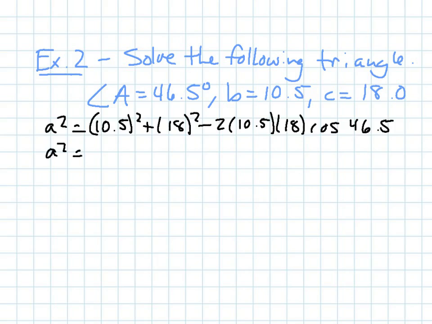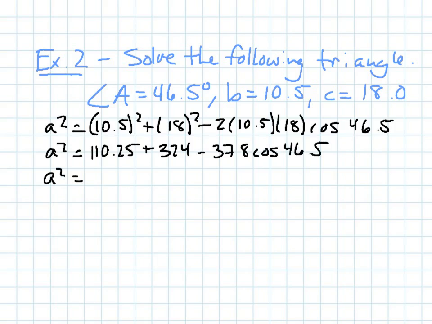So 10.5 squared is 110.25 plus 18 squared and 2 times 10.5 times 18 gives me 378. Okay. Now simplifying this a little bit more.